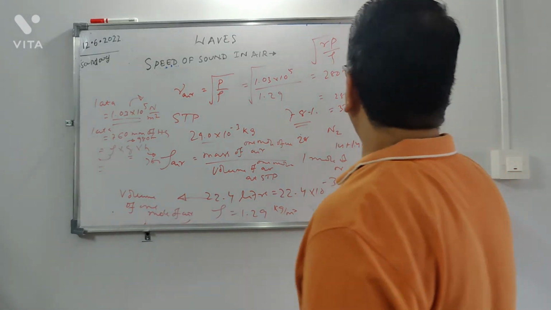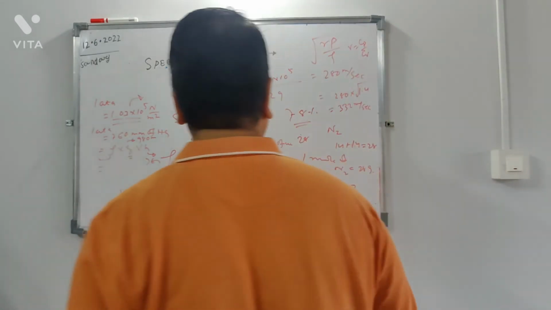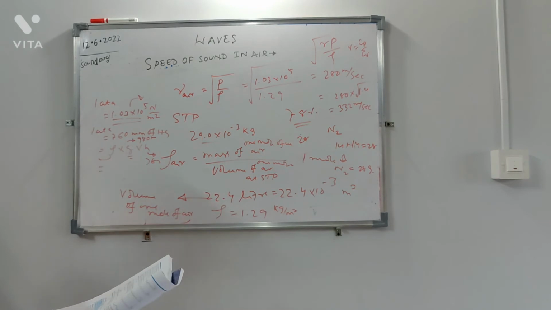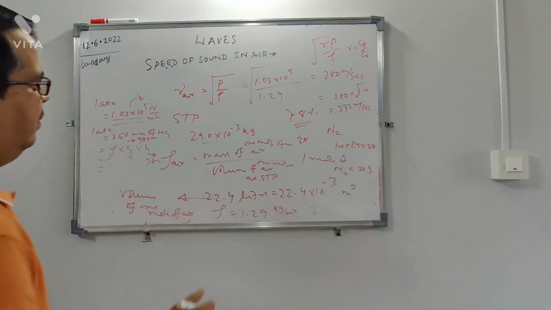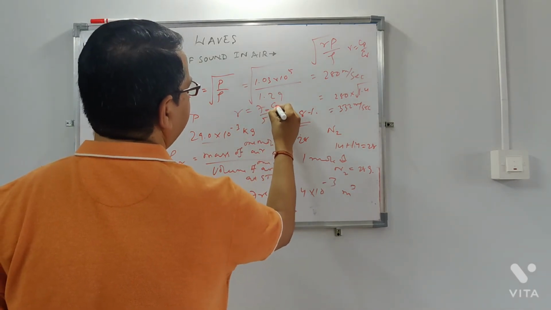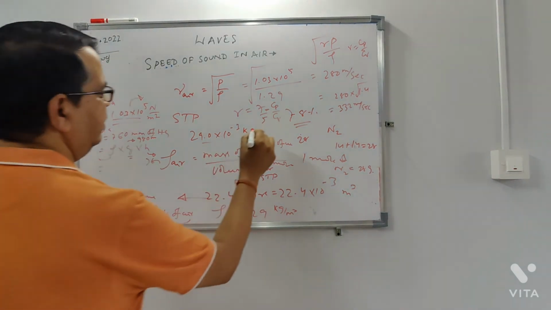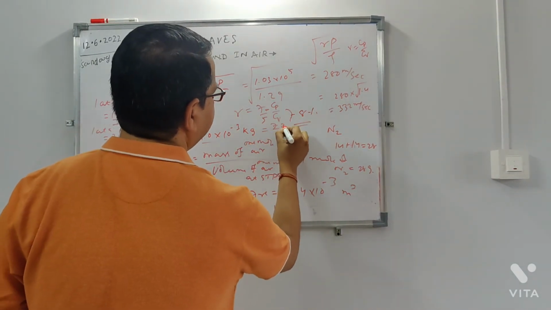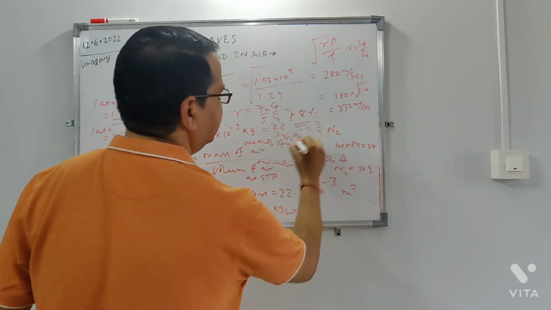Where does this gamma come from? Gamma is equal to your Cp by Cv. Normally for diatomic, it is 7 by 5, which is nothing but Cp by Cv. Cp is equal to 7 by 2 R and Cv is equal to 5 by 2 R, so this becomes 7 by 5.